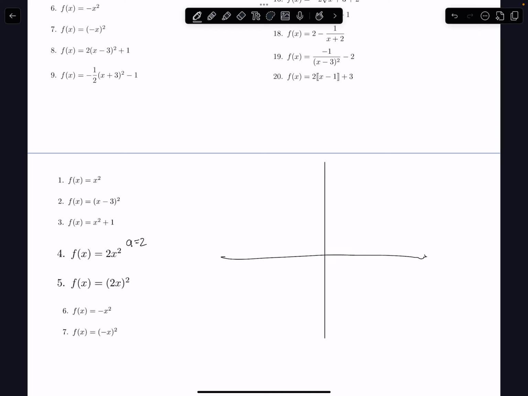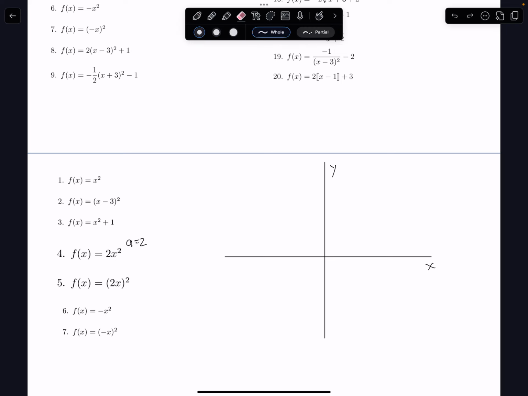Okay, so here's my x-axis, here's my y-axis. I'm doing negative x squared. So original x squared, remember? Here's my points: 1 out, 1 up on either side, 2 out, 4 up on either side, right? So that was my original graph.